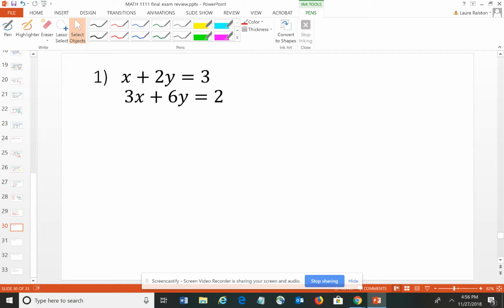So the first one is x plus 2y equals 3, and 3x plus 6y equals 2. Now, since this first equation has the x with a coefficient of 1, we could use substitution. So I'll go ahead and do this particular problem by substitution.